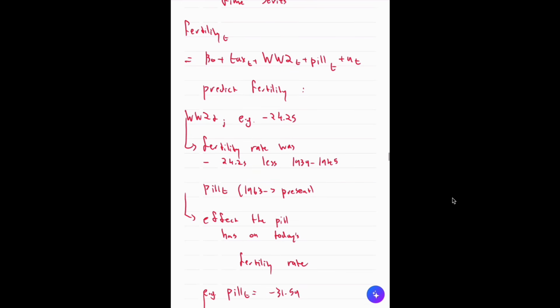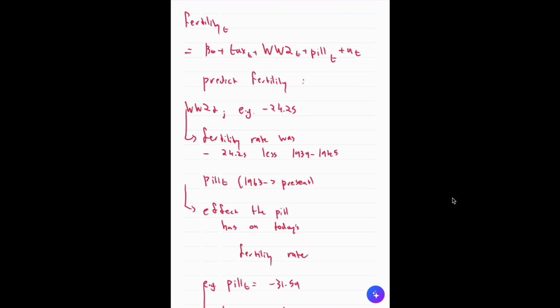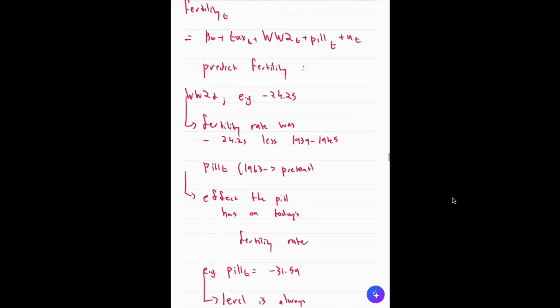If World War II has a coefficient of negative 24.25, we can say that, holding all else constant, the fertility rate was 24.25 units less in the years 1939 to 1945. But that applies only in those years.